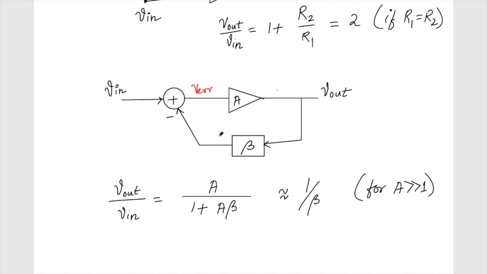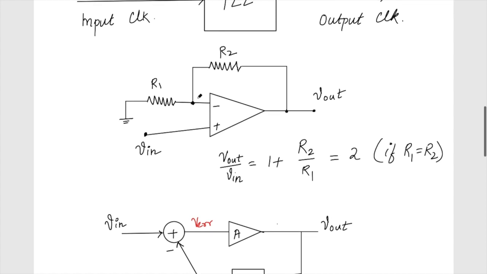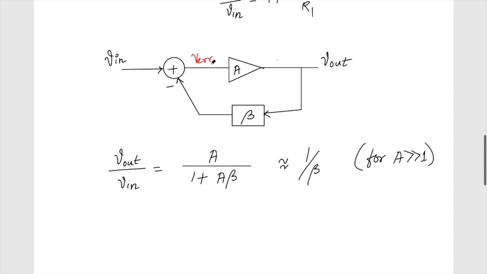So here also we try to make these two voltages very close. This is the basic way by which the feedback is implemented: we are comparing these two voltages and trying to make the difference very small. Similarly here also we are trying to make this error voltage very small.